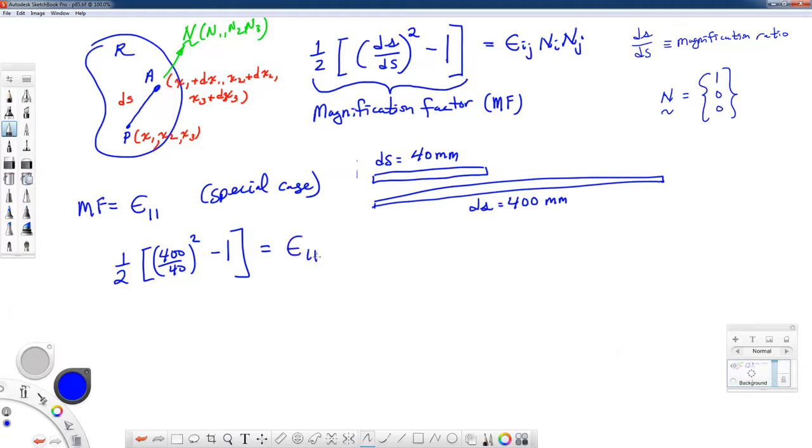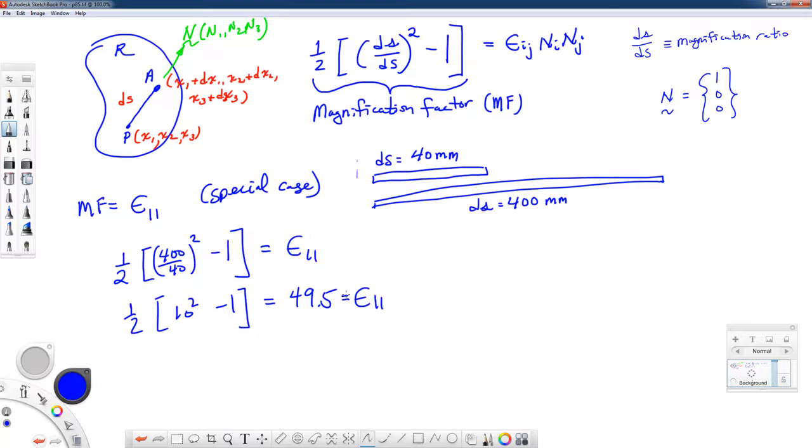And that would be equal to this strain term, epsilon 1, 1. And if we put that in here, we have a half times 10 squared minus 1. So that's 99 divided by 2. We end up with 49.5.